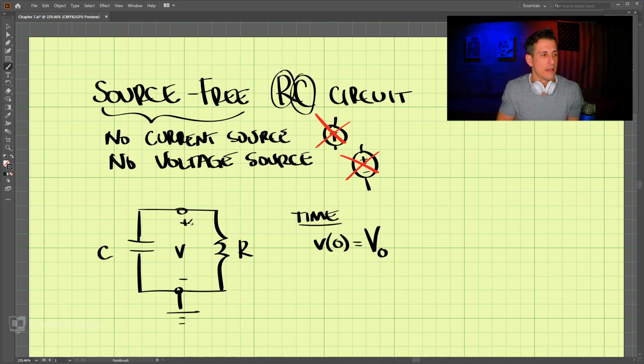Okay. Now let's do our KCL here. We'll call this the current through the capacitor, and we have the current through the resistor. Okay, we have those.